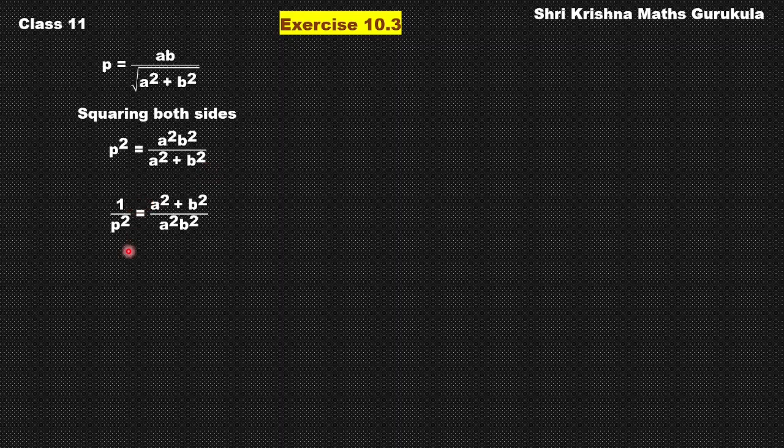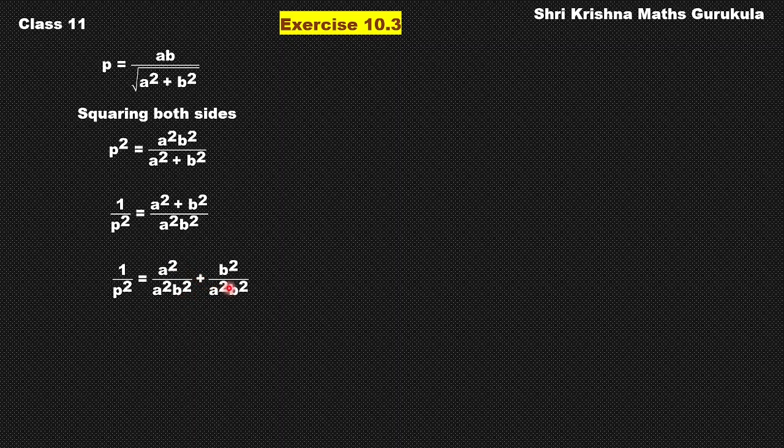So it is 1 by p square is equal to a square plus b square whole divided by a square into b square. Now we shall split this term. That gives us a square by a square into b square plus b square by a square into b square. Now in the first term here, a square gets cancelled and will be left with 1 by b square.